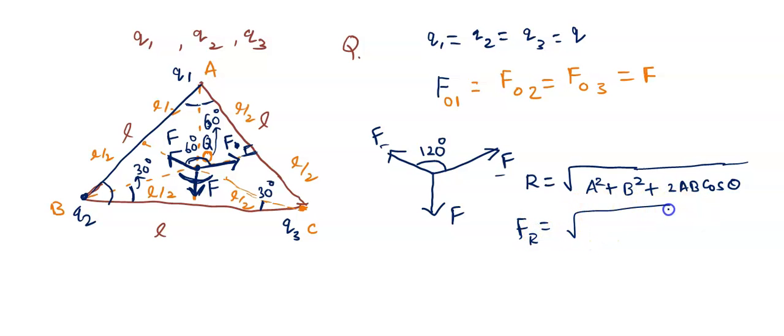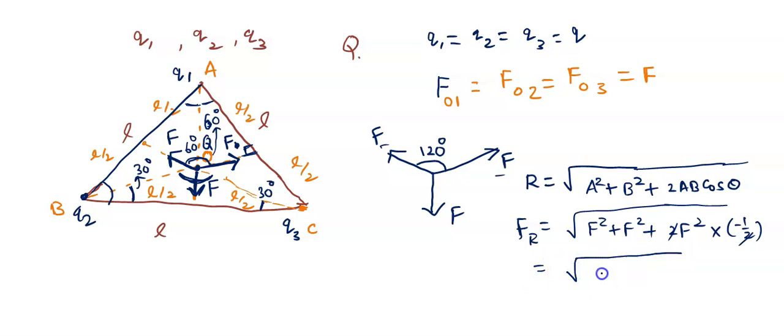I will tell you why. F square plus F square plus 2 into F into F, cos 120. Cos 120 is minus 1 by 2. This 2 and 2 will cancel. It equals under the root F square plus F square minus F square. It will cancel, so this will be F.